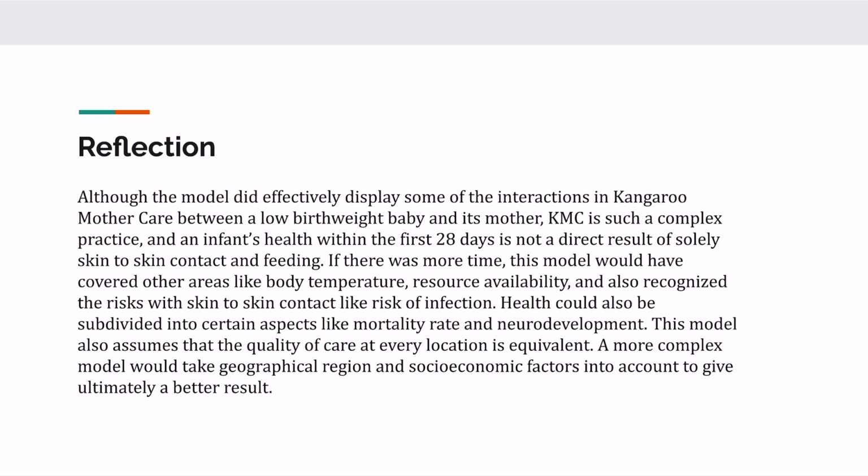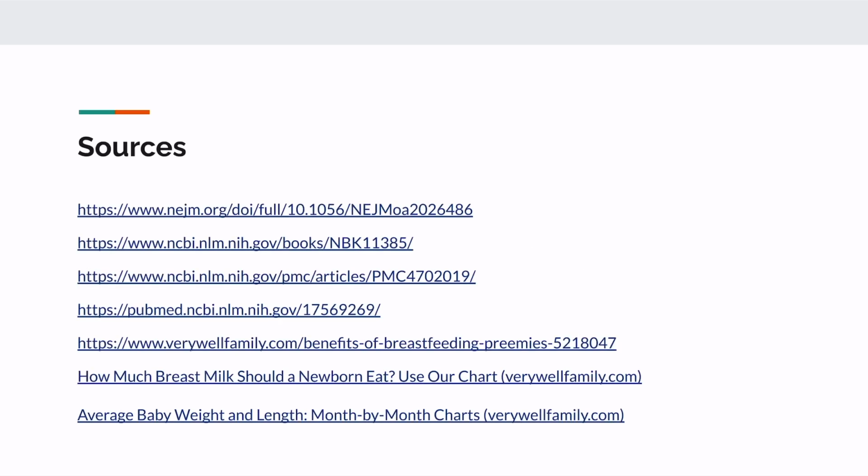Health could also be subdivided into certain aspects like mortality rate and neurodevelopment. This model also assumes that the quality of care at every location is equivalent. A more complex model would take geographical region and socioeconomic factors into account to give ultimately a better result.